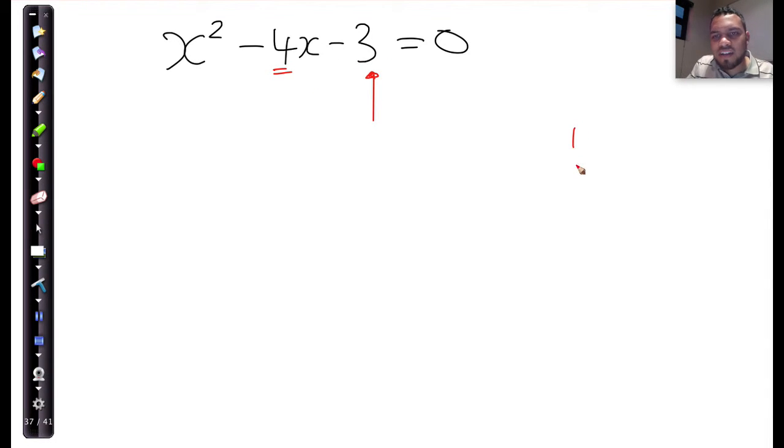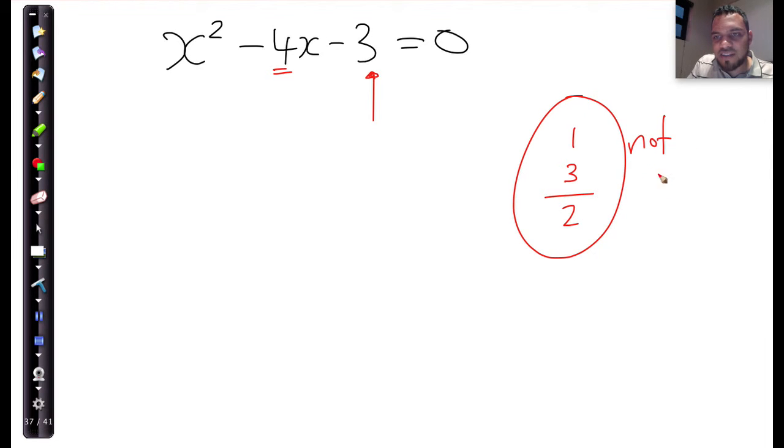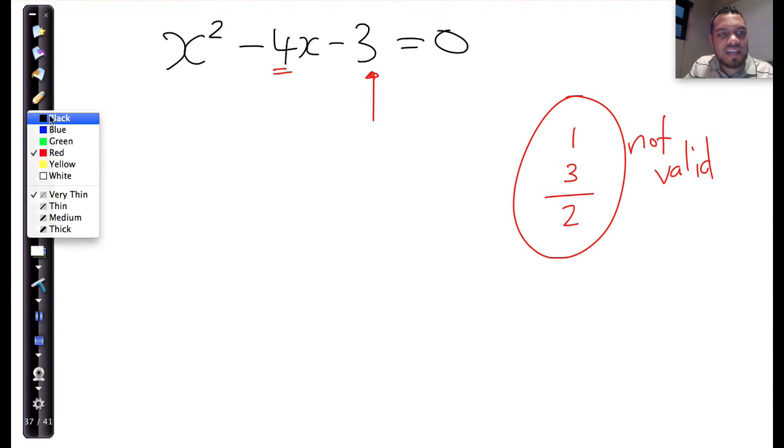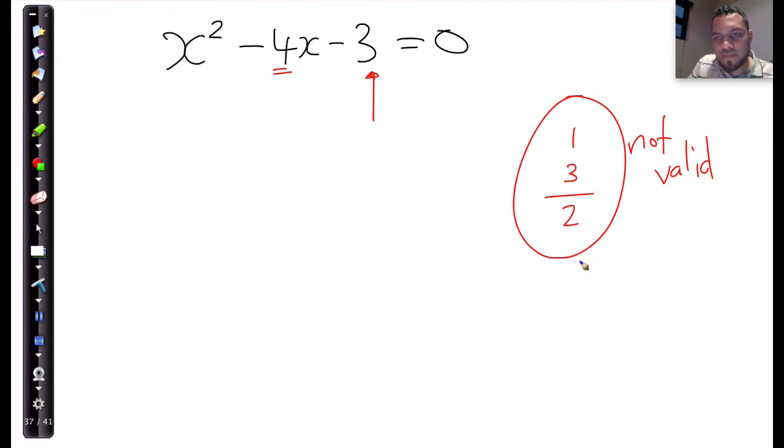Now, the only factors of 3 are 1 and 3 because 3 is a prime number. And if you subtract 1 from 3, you're going to get 2. So we say that these factors are not valid. And when you get a case like this, you need to start using the quadratic formula.